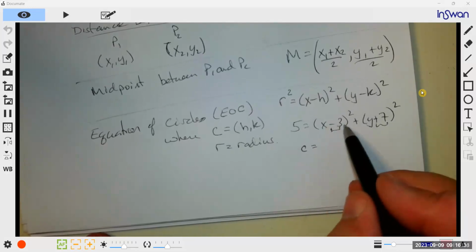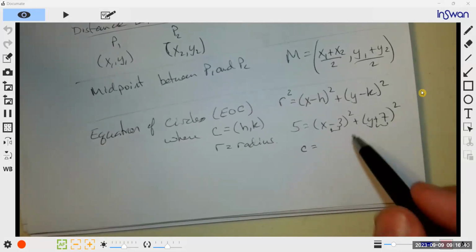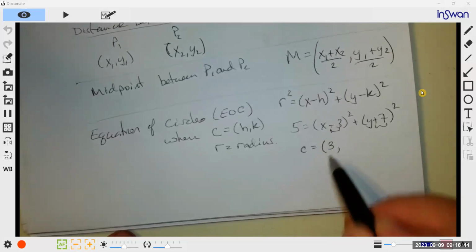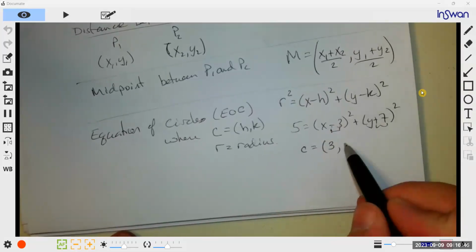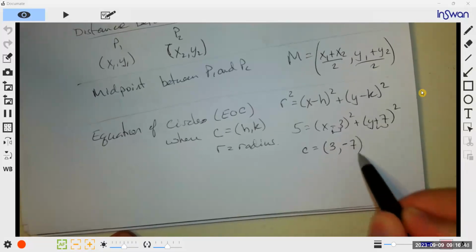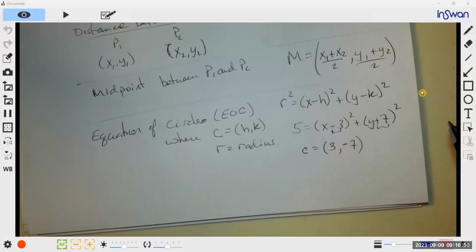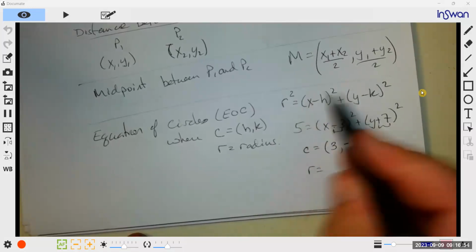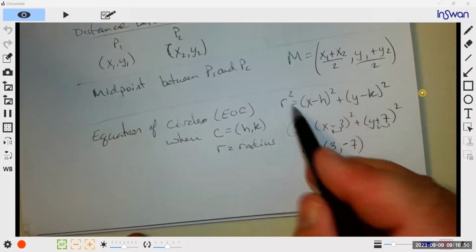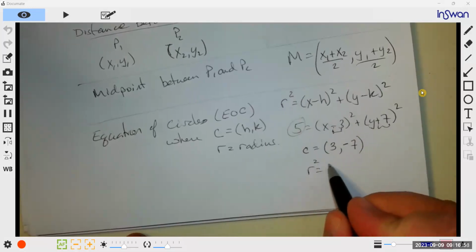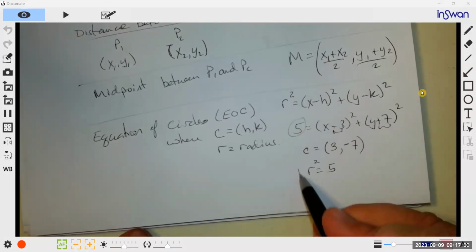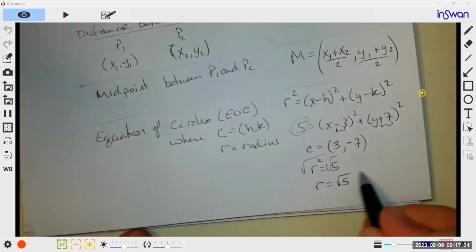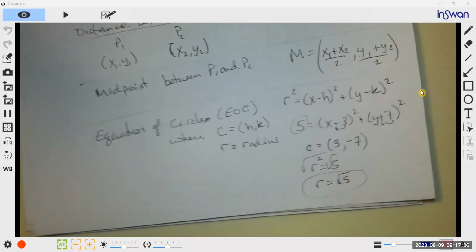Whenever something's in parentheses, it's always the opposite. So if this is minus 3, the center part is positive 3. If that's a positive 7, it becomes negative 7. And the radius, since there's no square root, this number is equal to r squared, which means you have to square root both sides to get r. Be very careful about that.